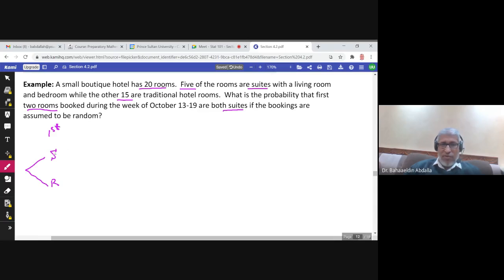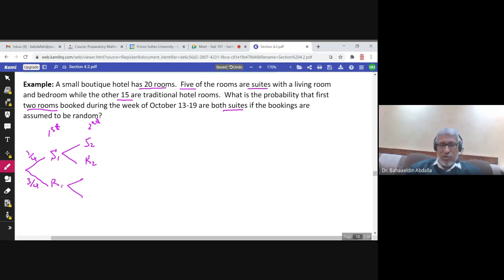Well, the number of S is 5, so 5 over 20, which is 1 over 4. Here 15 over 20, which is 3 over 4. So this is the probability of booking the first room. This is S1 and R1, because this is the first room. Now the second room, what would be the probability of booking the second room? If the first room is S, the second room could be S or R.